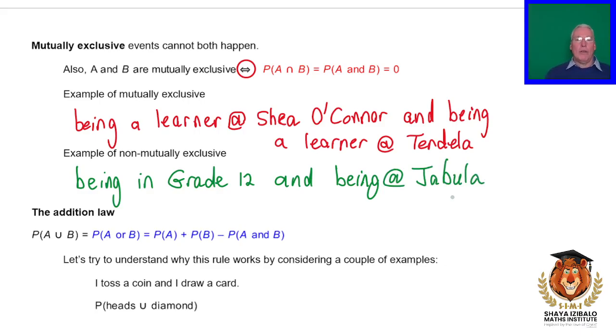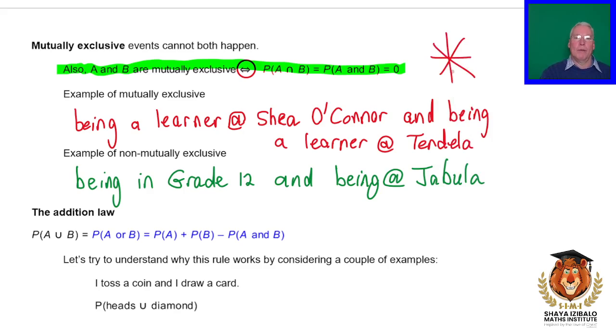There are grade 12s at Jabula. The probability of finding a grade 12 at Jabula is not zero, and because it's not zero, they're not mutually exclusive. This here is a really big idea, and we're going to put a big red star next to it, so that we can come back to it and talk about it again.